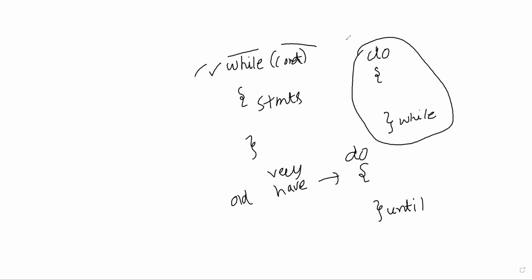Okay, so now we will see what would be the time complexity of while loops. So see, while a is less than b, and let's say we have some statements, and a is equals to a multiplied by 2. Let's take this.